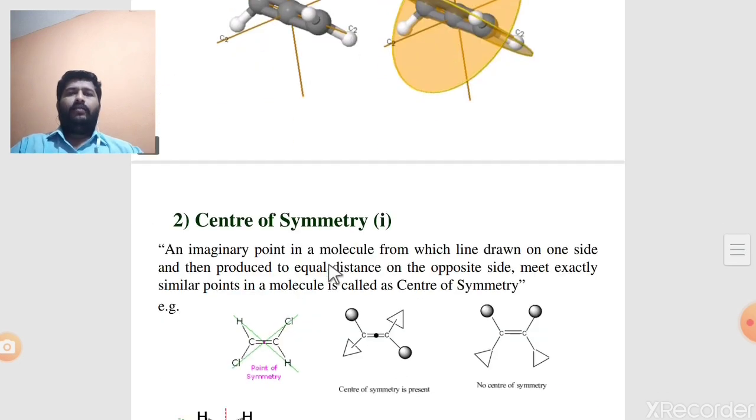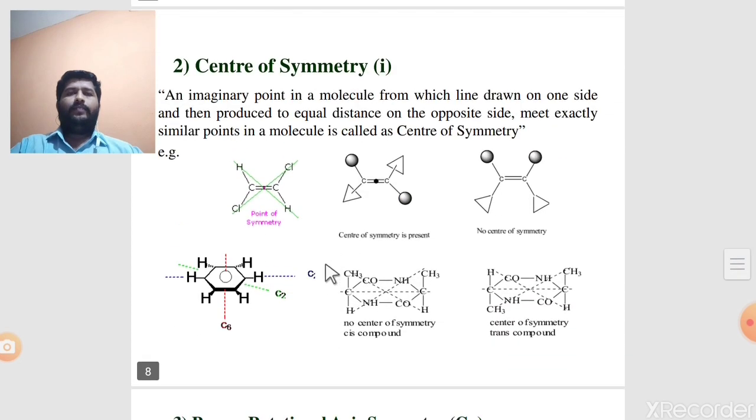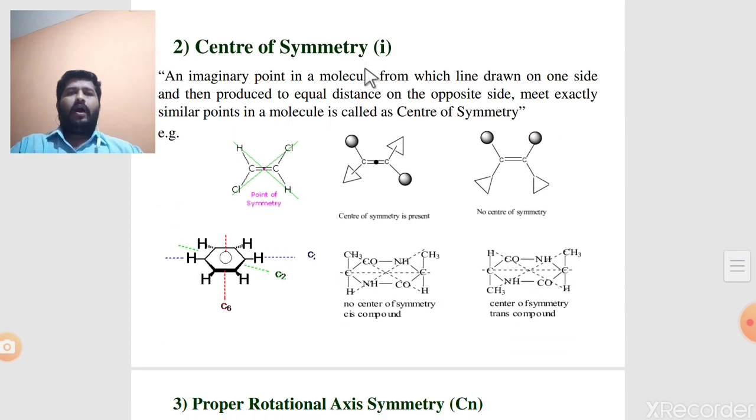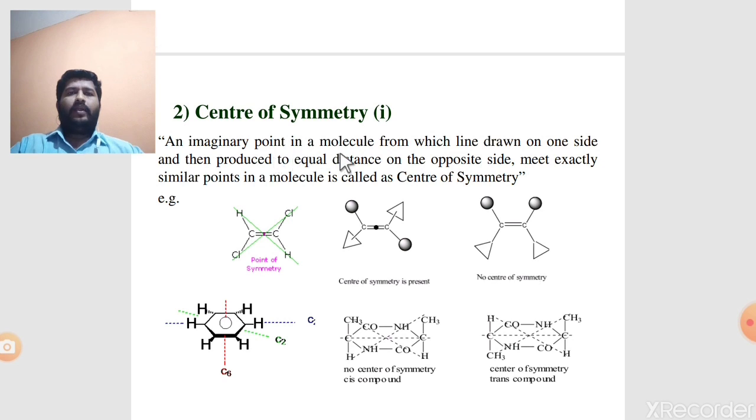Then the second one is the center of symmetry, represented by the symbol i. An imaginary point in a molecule from which a line drawn on one side and then produced to an equal distance on the opposite side meets an exactly similar point in the molecule is called the center of symmetry.